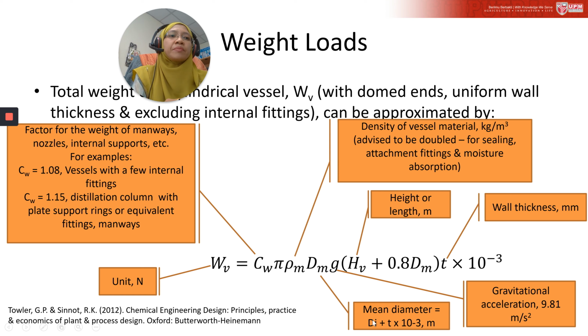And then the mean diameter. The mean diameter is actually the internal diameter plus the wall thickness, and then the wall thickness and gravitational acceleration.